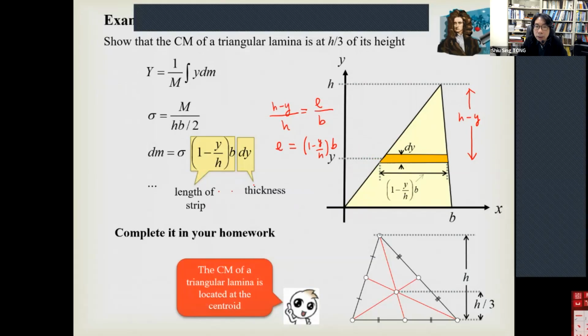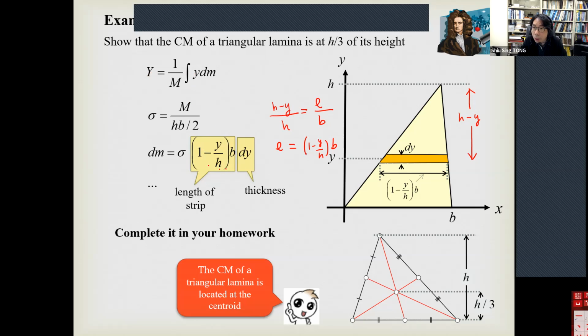The length of the strip multiplied by the thickness of the strip, dy, will give you the area. So this is the area of the strip. And if you multiply the area by the density, you get the dm, right? You put all these things back into this formula, and you can integrate to get the center of mass position, the y coordinate of the center of mass position.